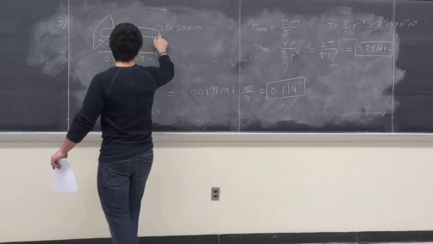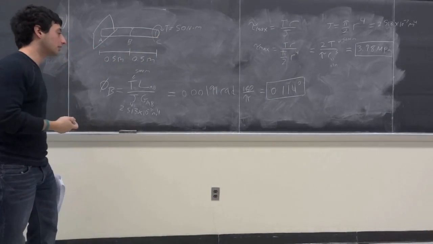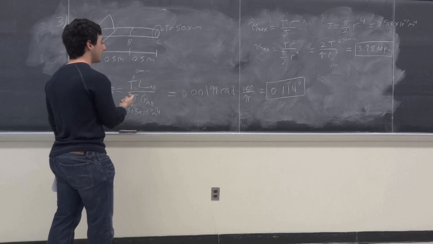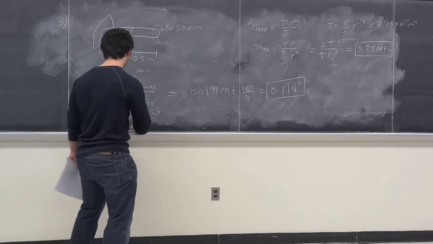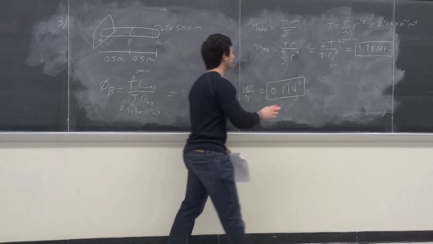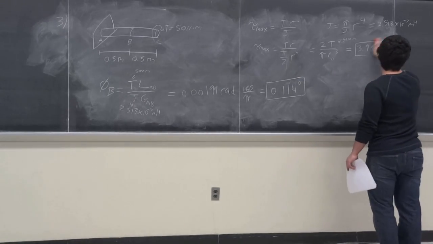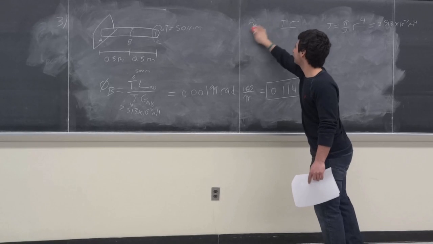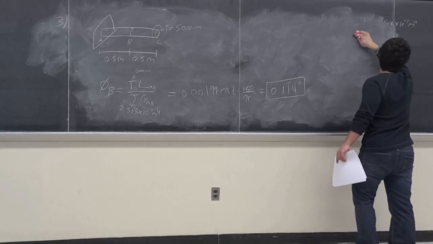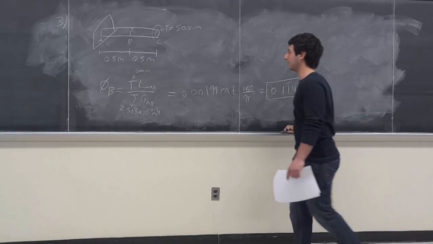And now we want to know the angle of twist at C. The angle of twist at C has to be the angle of twist at B plus the twist from the second section.